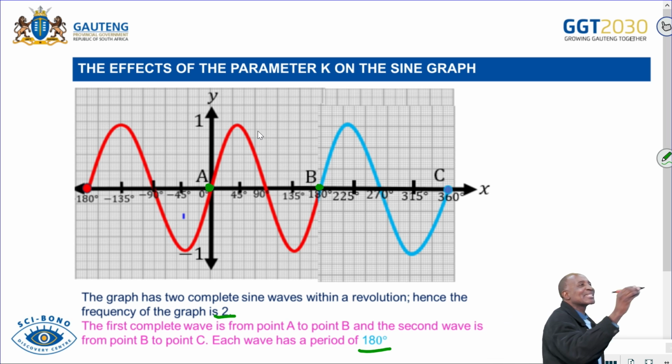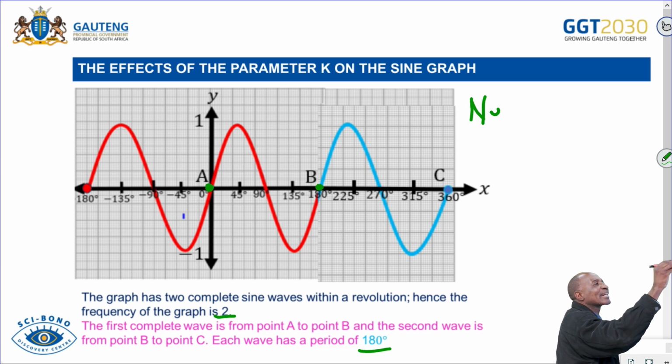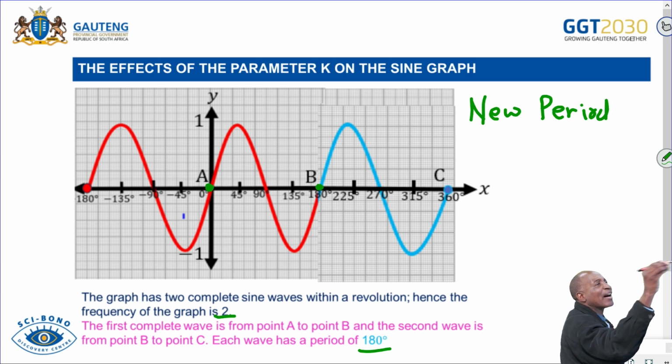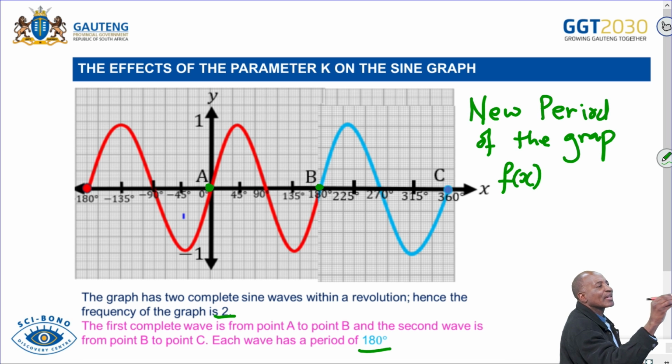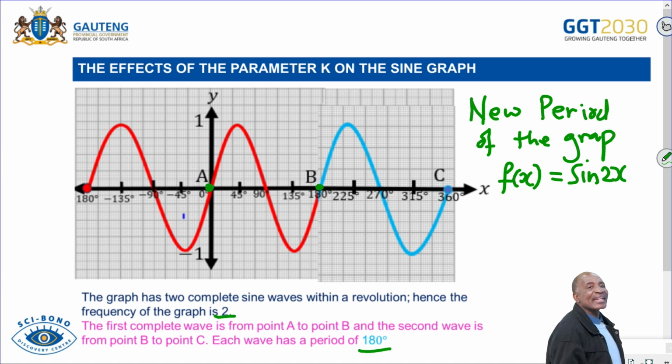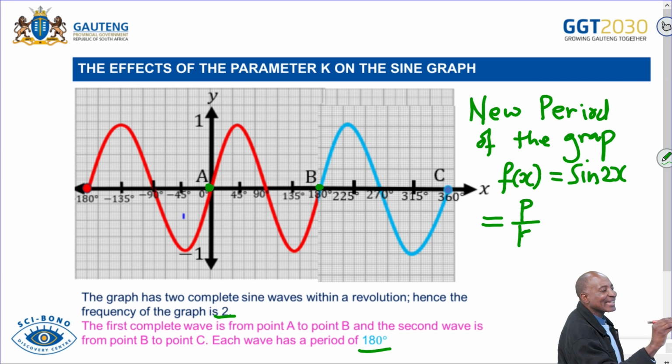Therefore, the new period of the graph f of x equals sine of 2x, which is now 180 degrees, is going to be given by period divided by k.